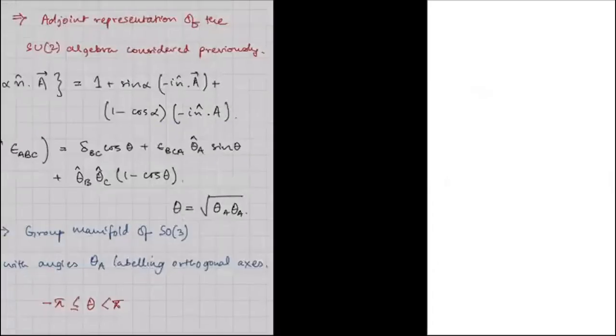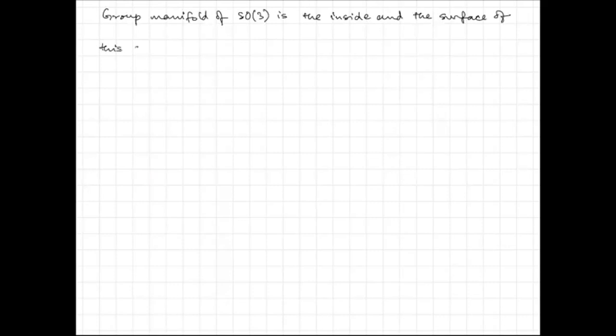So the group manifold of SO3 is the inside and the surface of the sphere where the radius is pi.